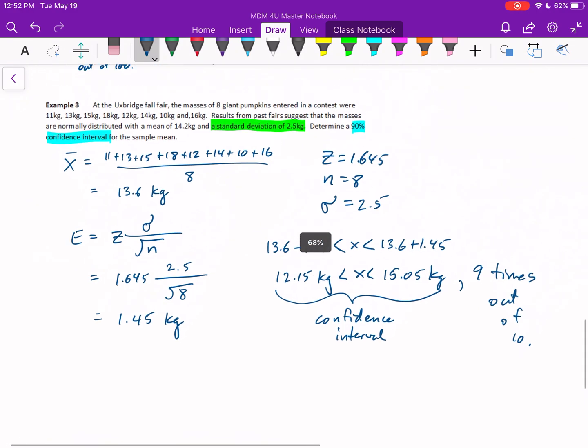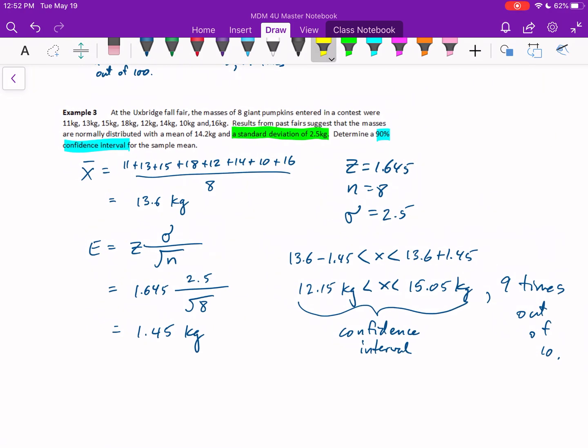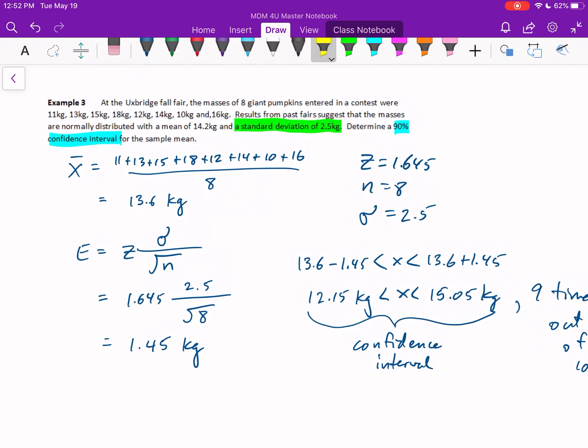Before I finish, in case this threw you off, because it made me stop for a second: we were given this mean of 14.2, and looking back at the question, maybe I was supposed to use that for my confidence interval instead of the 13.6.